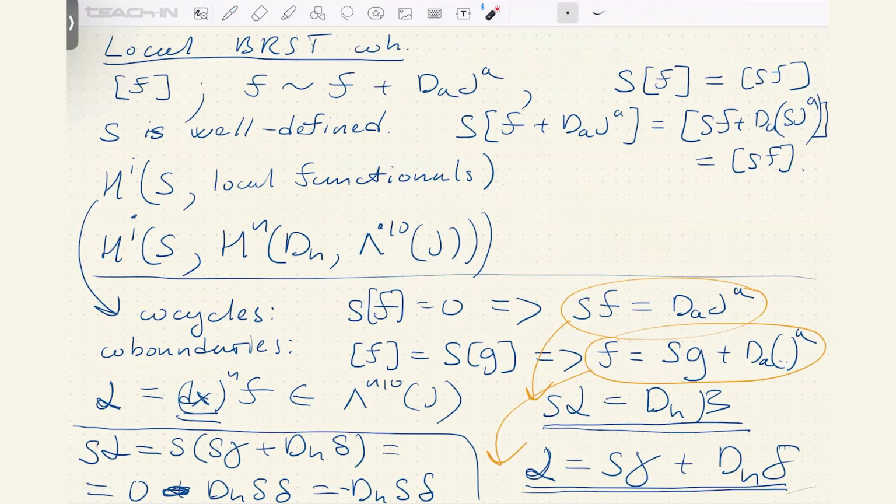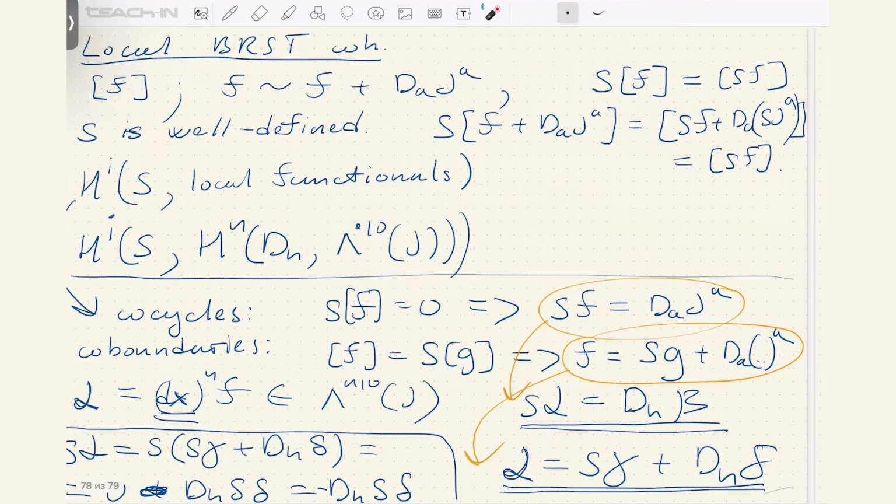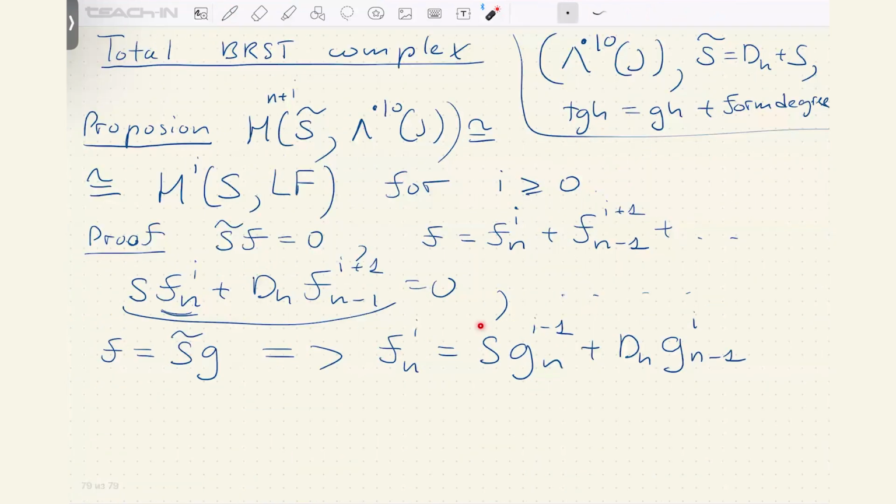That f is S acting on G plus a total derivative, or more precisely this, because now we use the language of horizontal forms: S on something plus DH on something. That's exactly what we recover here, right?